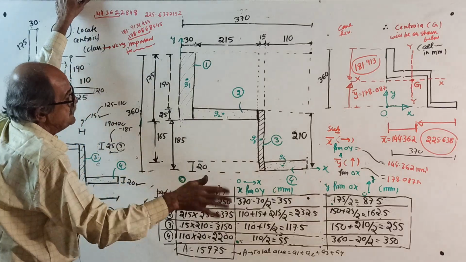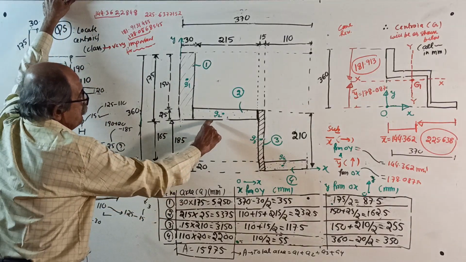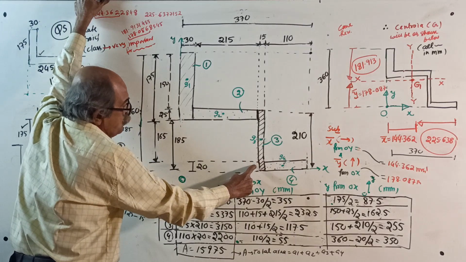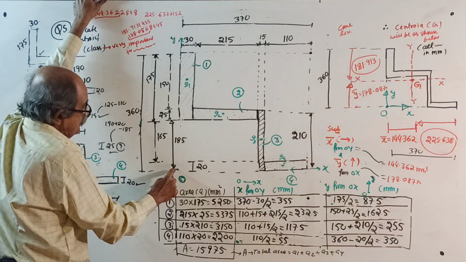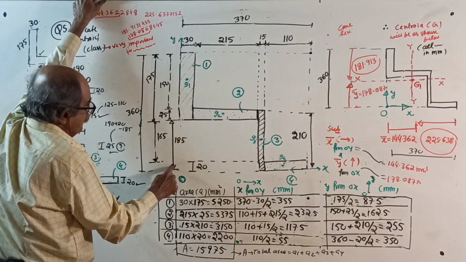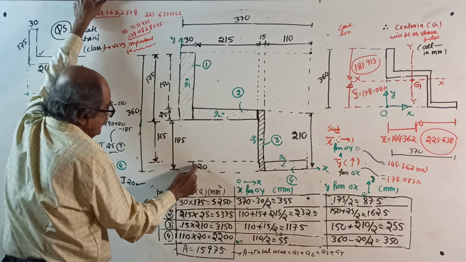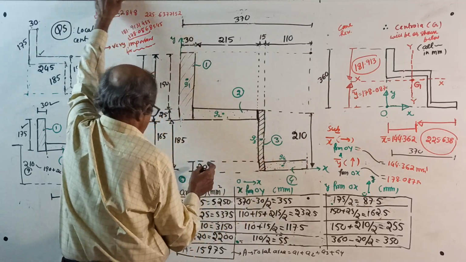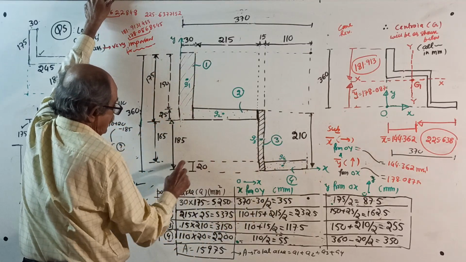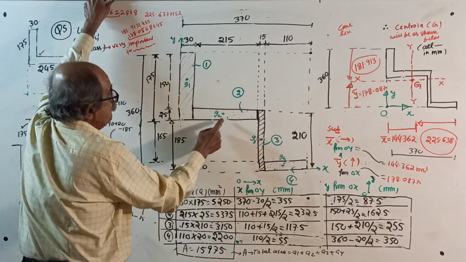It is an extra distance. 165 is from here up to this junction. You may require it. Whereas the total is 185: 165 plus another 20 is 185. Whereas the total depth of the rectangle, you can do one thing: 185 here plus another 15.